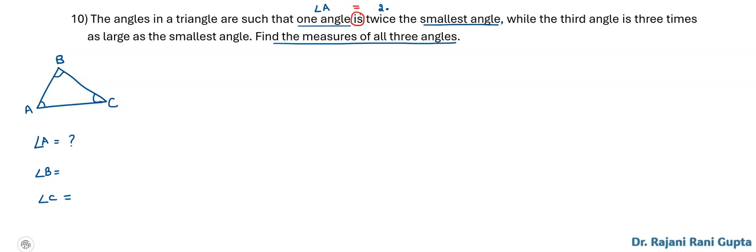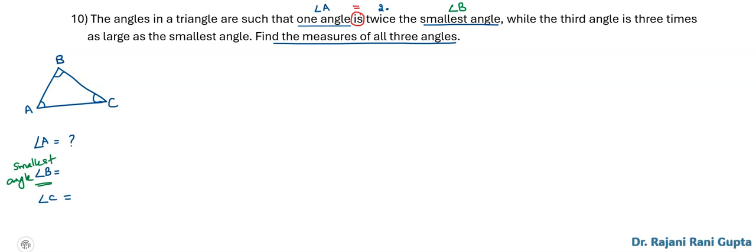Now, since we already used A for one angle, we have to use any other angle as the smallest angle. So let's say B is the smallest angle. Okay, let's assume angle B is the smallest angle. You can even use angle C, no problem, but you use only one of them.